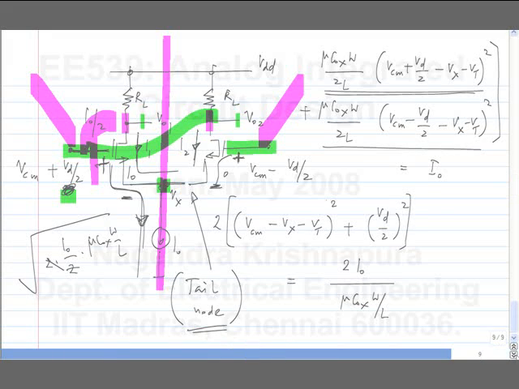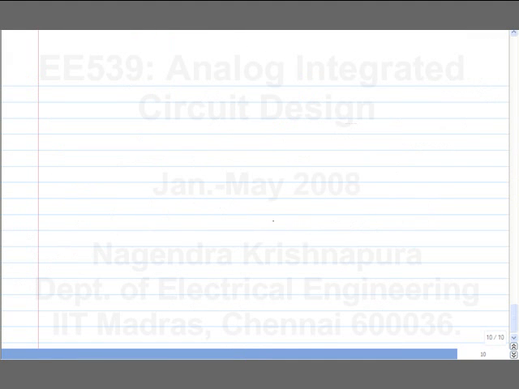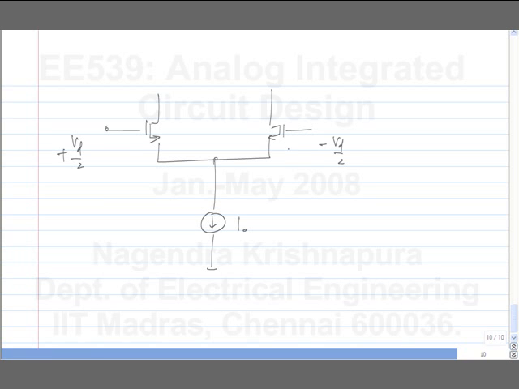I was not sure if that was clear. When Vd is 0, I0 by 2 flows here and I0 by 2 flows here.